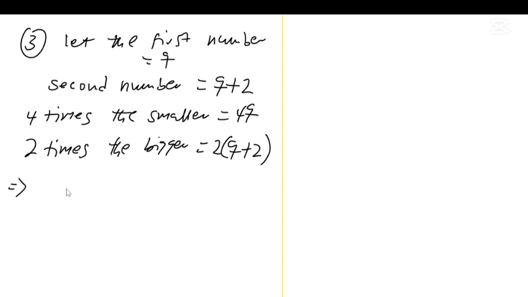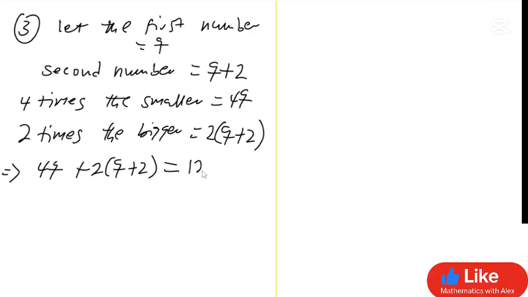And the question says that 4 times the smaller is added to 2 times the bigger. So we have 4Q plus 2 multiplied by Q plus 2, and this gives us 124. Let's expand the bracket.